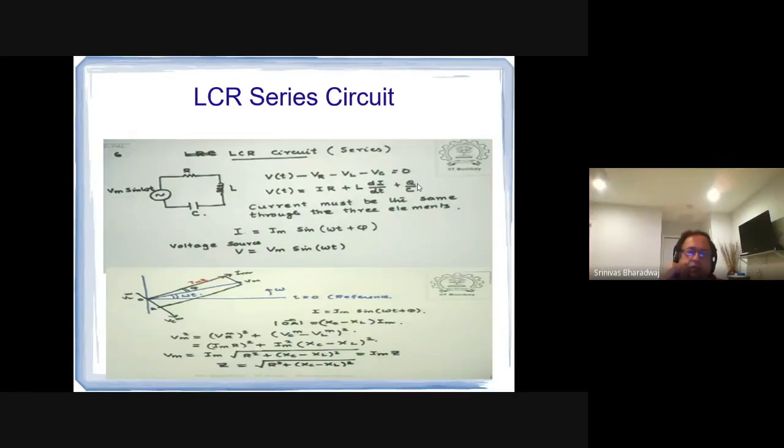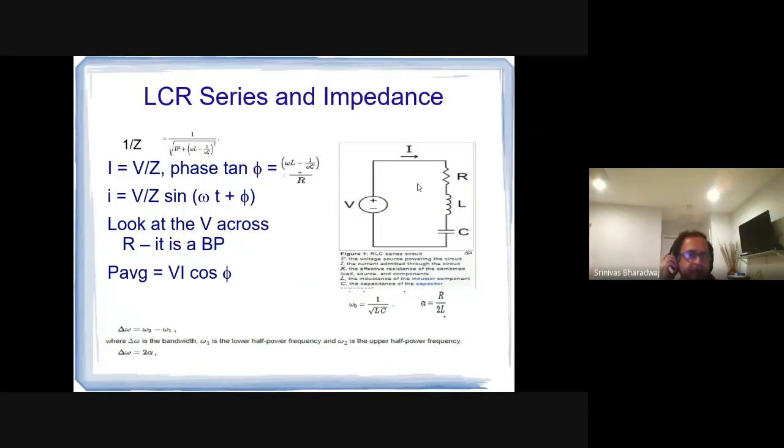It's a linear differential equation. The terms are not complicated, they don't go against each other, and therefore to understand this, we introduce this concept of impedance, and using impedance, these differential equations become linear algebraic equations, and that process is what we are doing here.